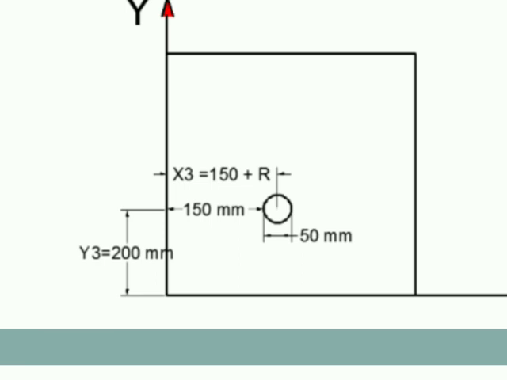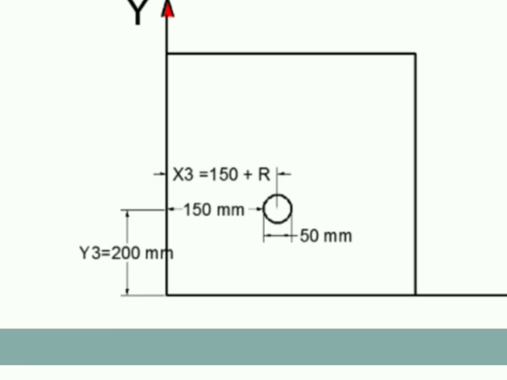Then the last element is y3. If you observe the figure carefully, it is directly given in the example. That distance of 200 is from the center of the circle itself to the x-axis. So I can take y3 directly as 200. But if you want to go stepwise, then y3 will be half of the diameter, which is 25, plus below the circle you have a distance of 175. 175 plus 25 will be again 200.